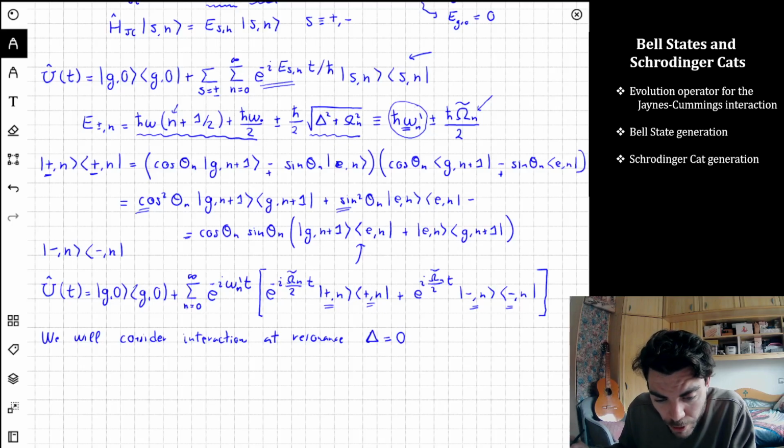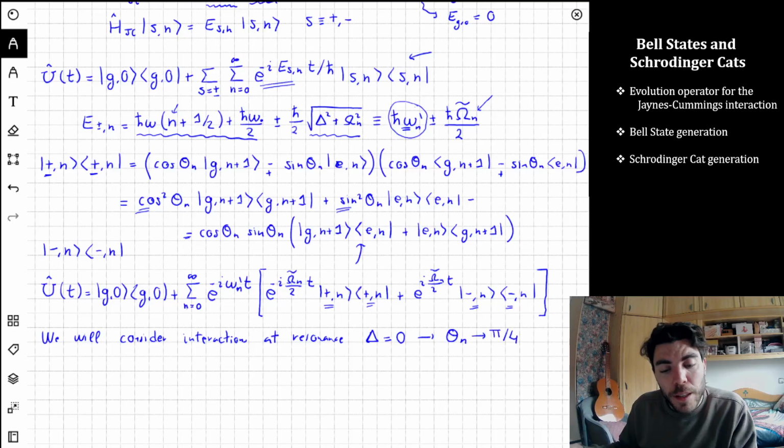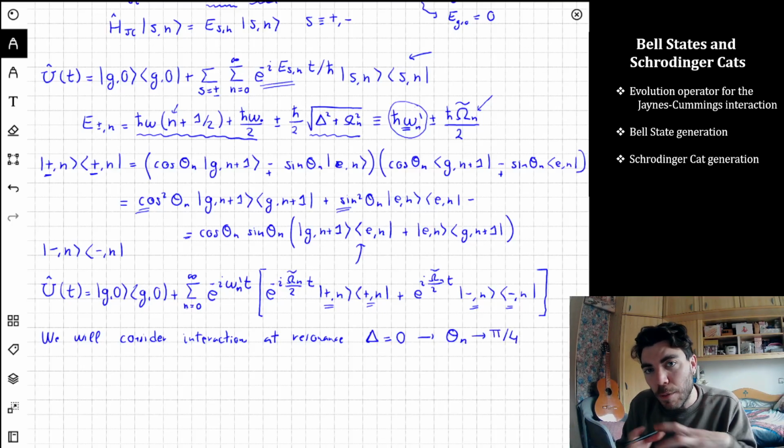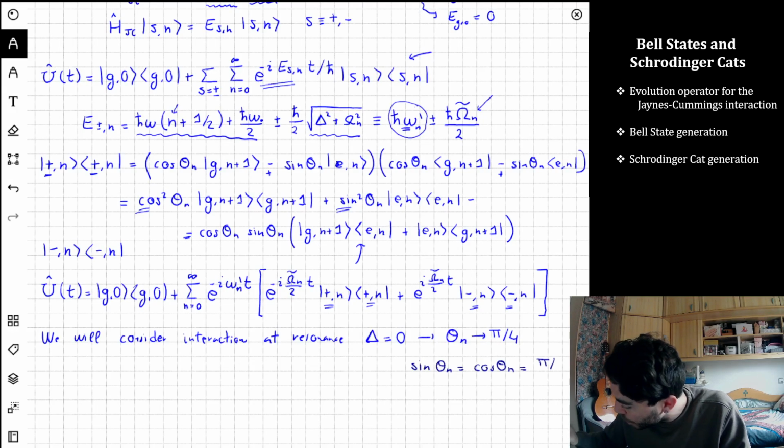If the detuning is 0, then this angle theta n tends to pi over 4. We saw this as well in the last video. And so the light and the atoms are maximally entangled, if you want. Mathematically, what you see is that the sine and the cosine in this case give the same thing, which is 1 over square root 2, since the sine and the cosine of pi over 4 is 1 over square root 2.